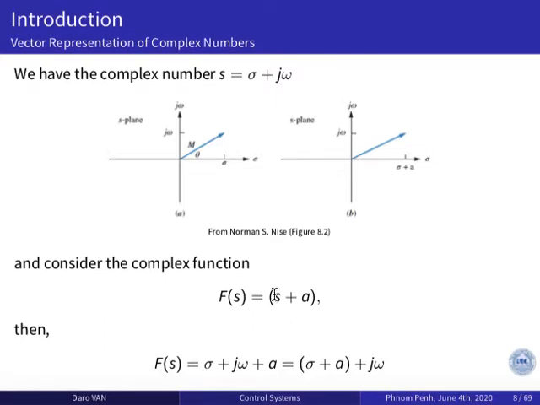So if you substitute this s, you will end up having a new complex number, shown again in this figure, with the real part sigma plus a, and the imaginary part j omega.